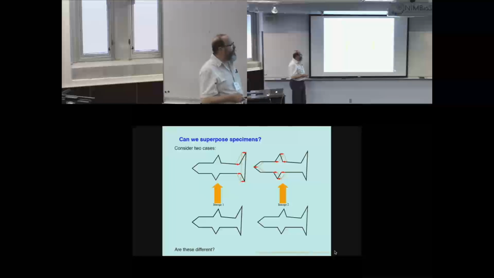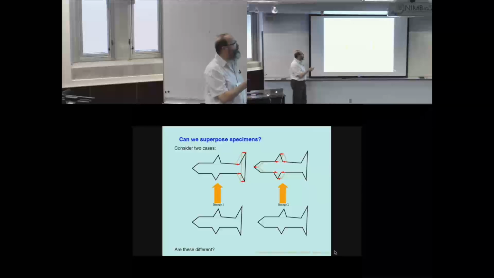You might say, well, let's superpose in such a way. Here is this fish. It evolves. It becomes this fish. And what we see when we superpose them is that we can perfectly superpose all the front areas of the fish, but the back 4 landmarks have moved back 1 centimeter.